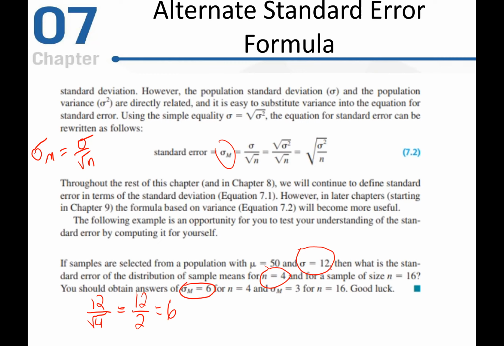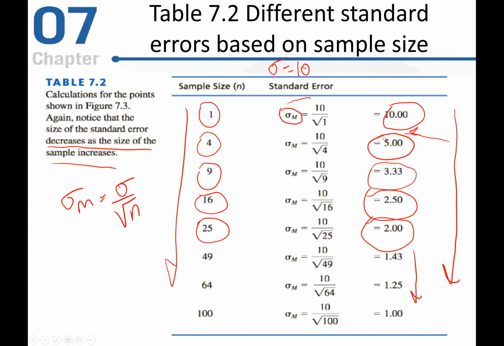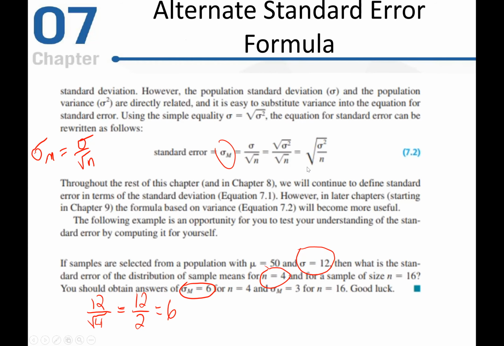The other one said, hey, the sample size of 16. Well, we should already know, if we're using the same population mean and the same standard deviation, if we increase the sample size, then our standard error of the mean should get smaller, because of what we did right here. As sample size increases, standard error gets smaller. We know that.